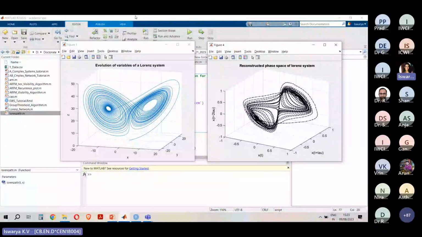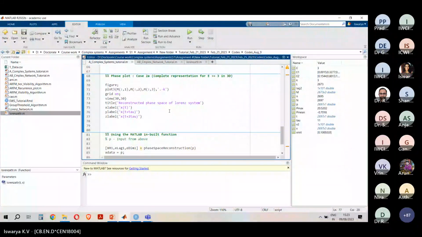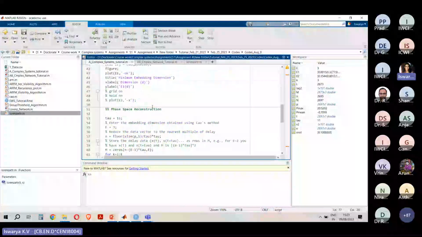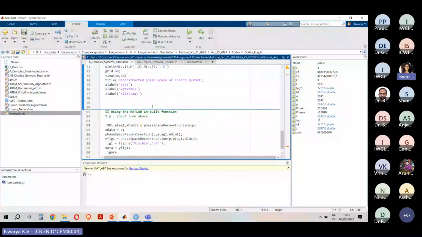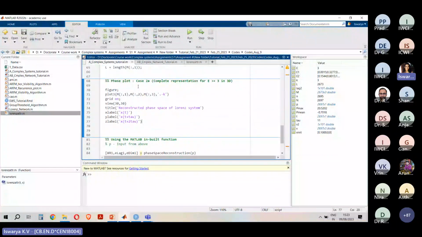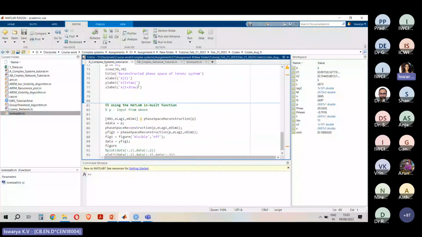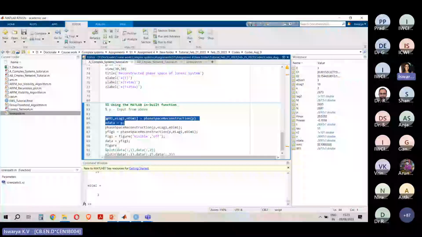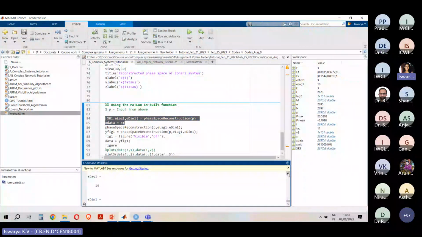Now, apart from this, the method that I've shown above, which uses the AMI and Cao's method, MATLAB currently also has an inbuilt function that you can use, which is called phase space reconstruction. So the same data, if I run that, it shows that I can take the lag at 10 over here, and then I can take that the minimum dimension is 3.